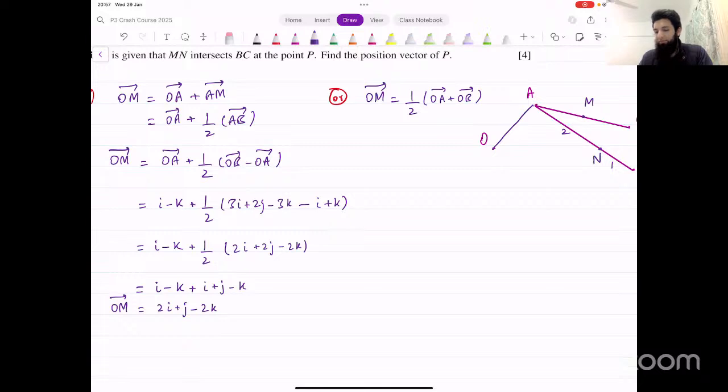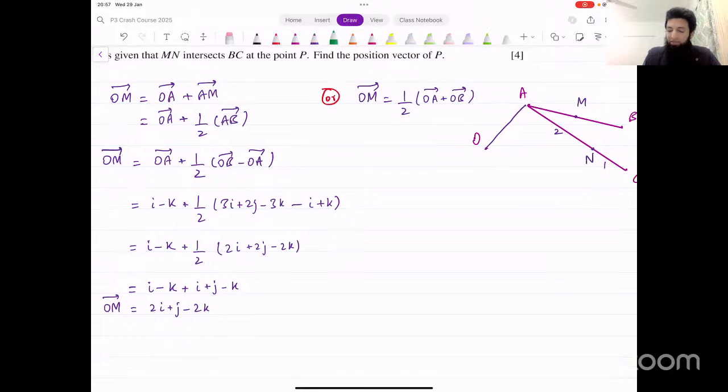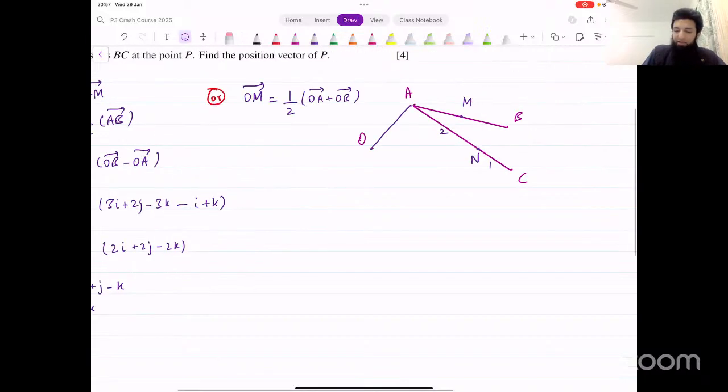So it's very similar to that coordinate geometry formula. In fact, it's exactly the same. For each component of A and each component of B, you add them together and then divide by 2, right? Just like we use in the midpoint formula, x1 plus x2 over 2, y1 plus y2 over 2, z1 plus z2 over 2. We could find that point M like this directly as well.